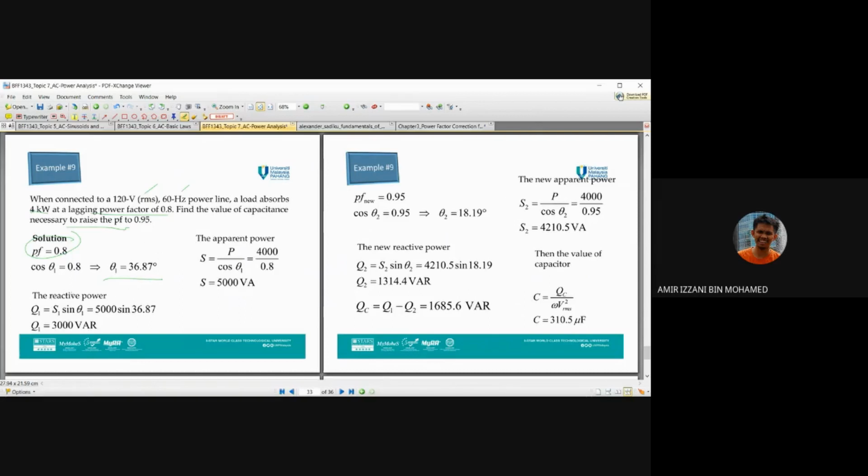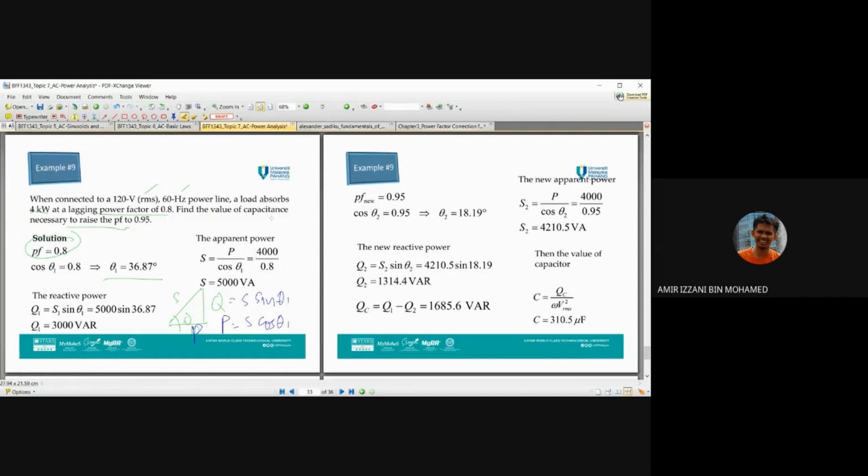And the reactive power Q1 is S1 sine theta 1. You know this is a triangle, so Q equals S sine theta 1, and P equals S cos theta 1.